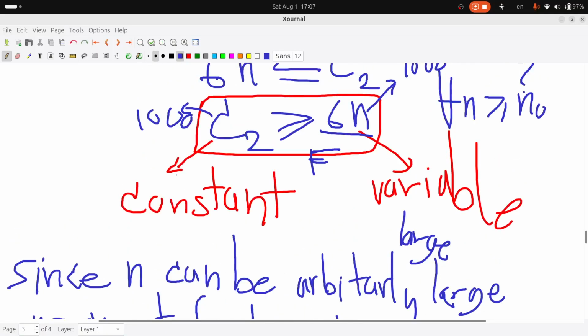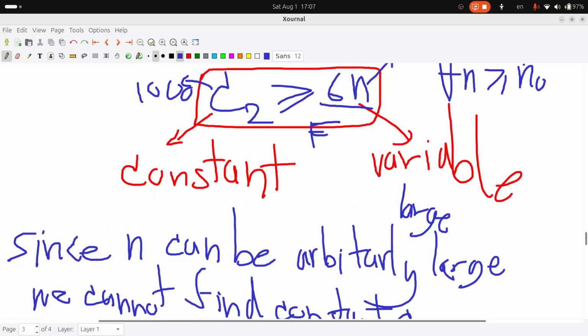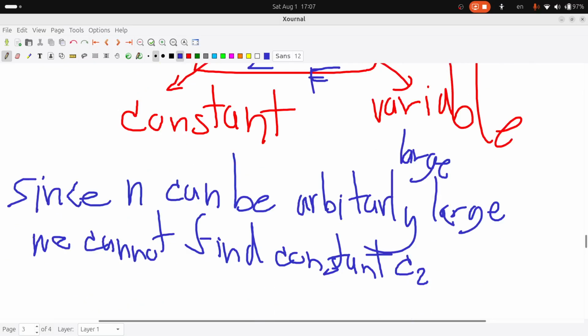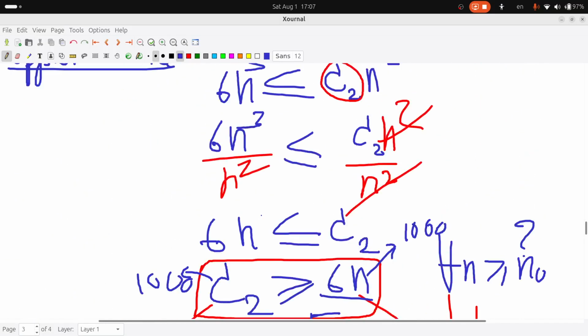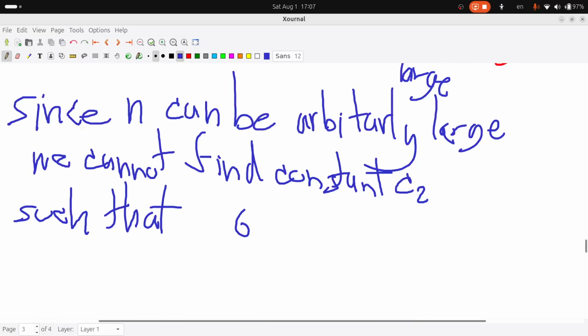That's why we can say that n is arbitrarily large and we cannot find constant c2 such that 6n^3 is less than or equal to c2 n squared.